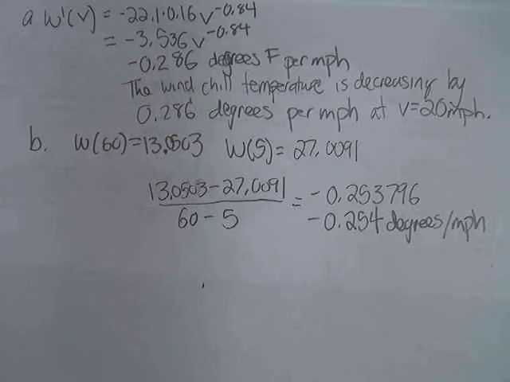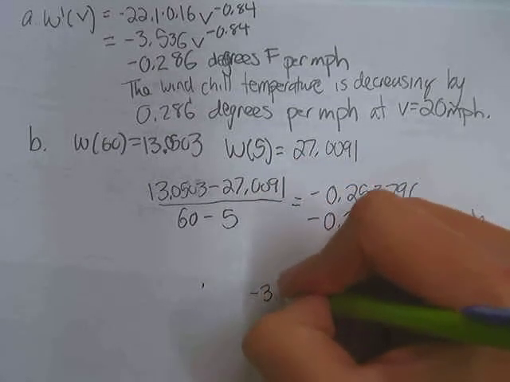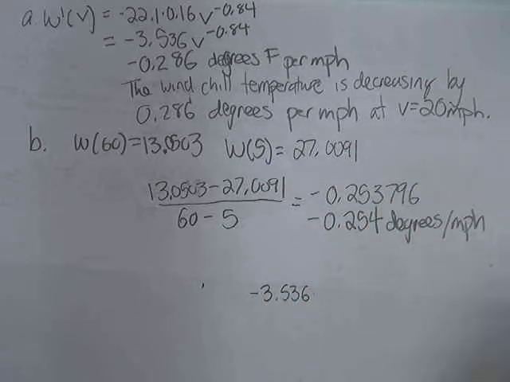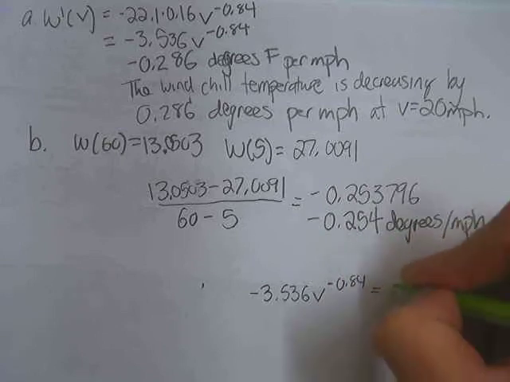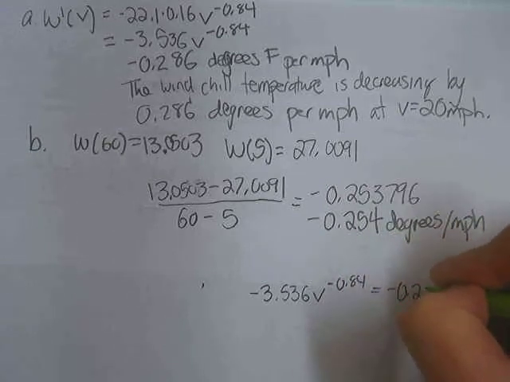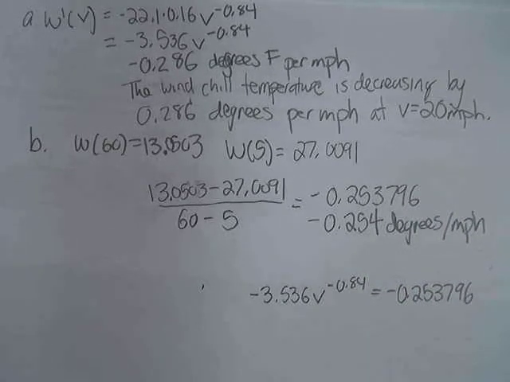But we're not done. That's just the first sentence. Now we need to find the value of v at which the instantaneous rate of change of W is equal to the average rate of change, which we just found. So all we want to do is find where our derivative, which is negative 3.536 times v to the negative 0.84, is equal to negative 0.254.